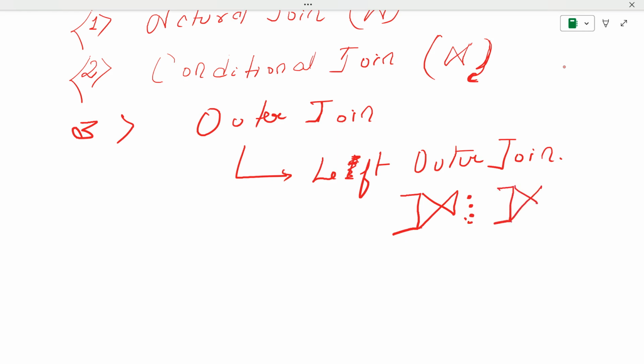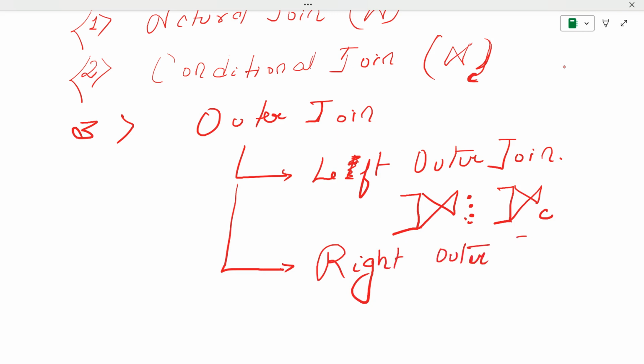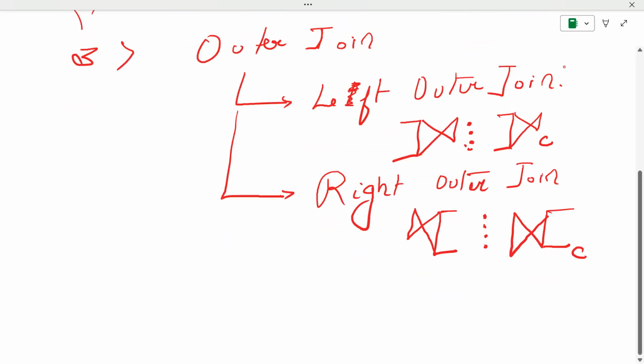Similarly, we have right outer join, which would be represented by this symbol, or it could be a conditional join represented by this. And the third one is full outer join.